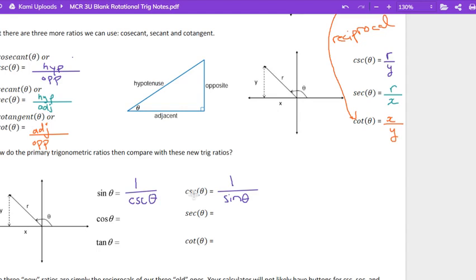Right? When we do 1 over, that means we're finding the reciprocal. Cosine and secant are reciprocals of one another. So as such, they are 1 over. Tangent and cotangent are reciprocals, meaning they're 1 over of each other.